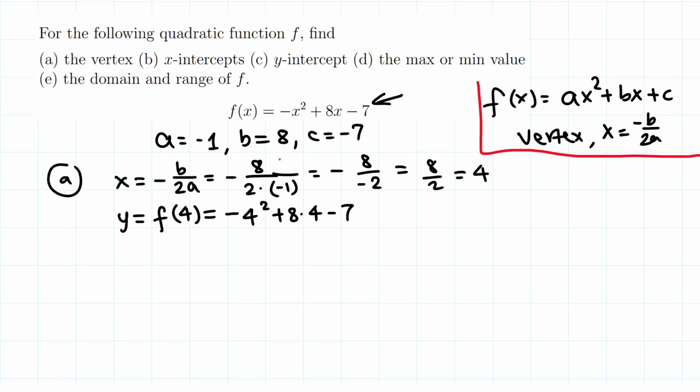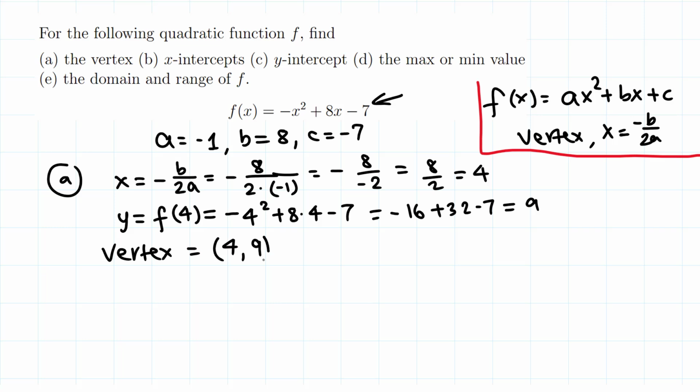This is not the quantity negative 4 squared. Let's simplify. 4 squared is 16, so negative 16 plus 32 minus 7. 32 minus 16 is 16, minus 7 is 9.